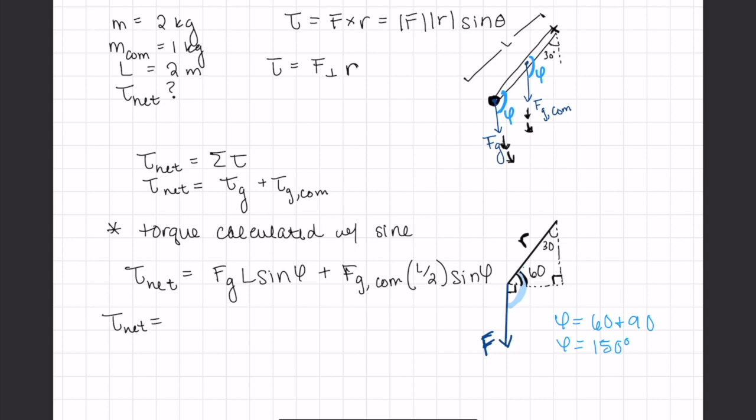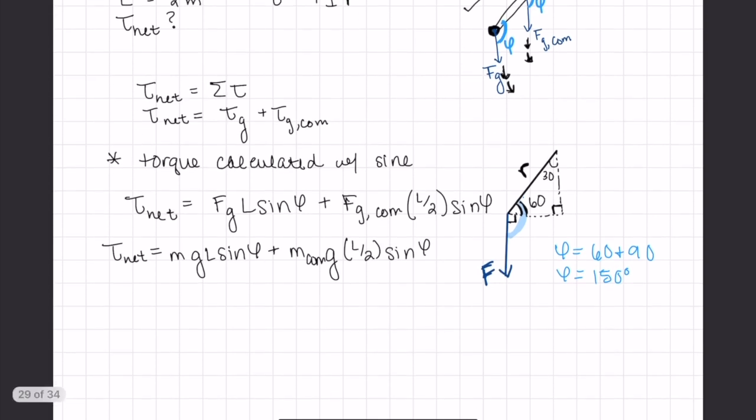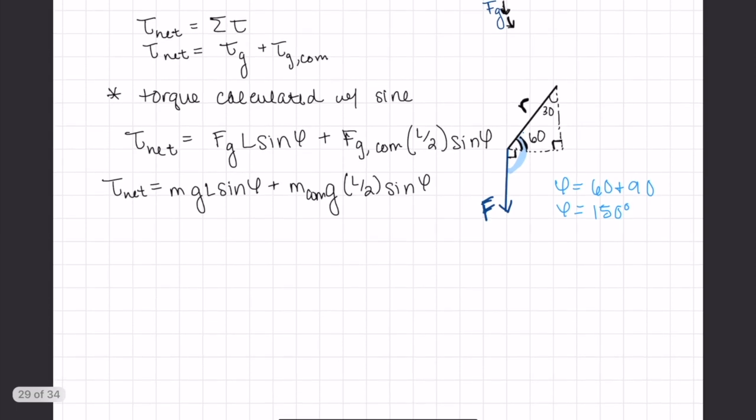I'm just going to plug in mg's COM. And now I'll substitute in the variables that we have.